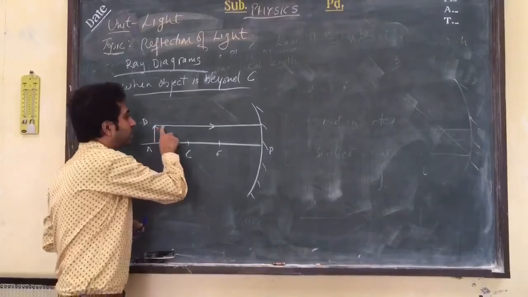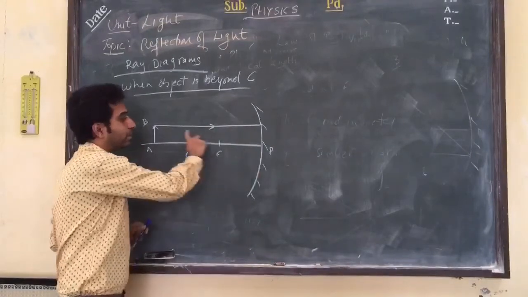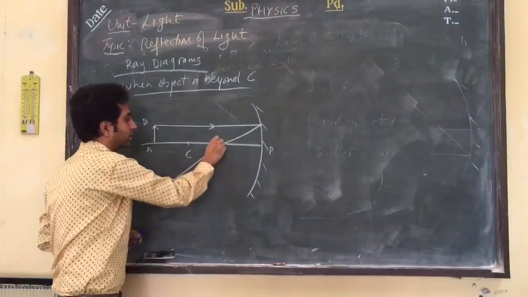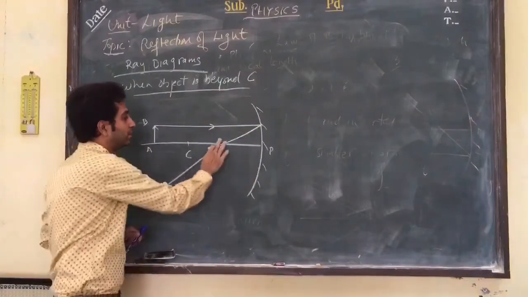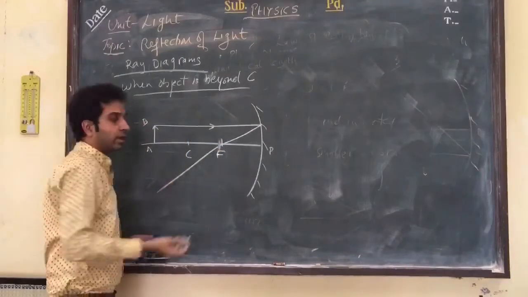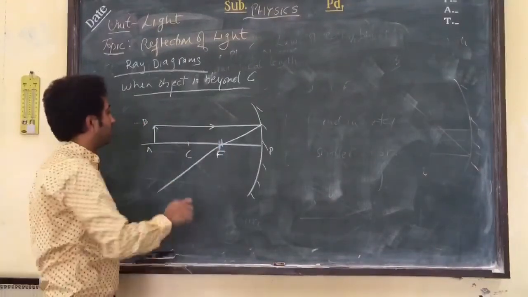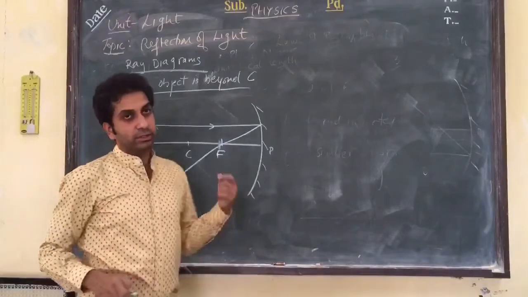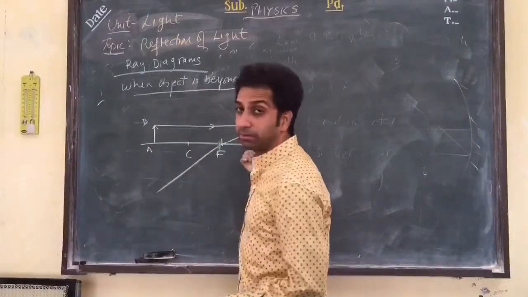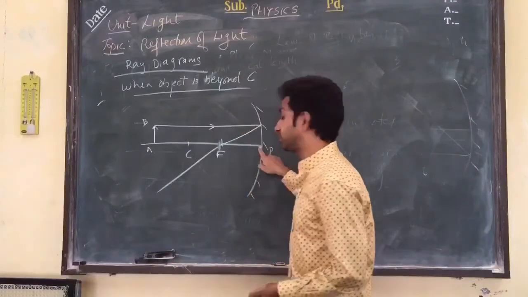As per rule, the ray traveling parallel to the principal axis, after reflection, will pass through the principal focus. You can take any of the rules. You can assume a second ray passing through C, or a ray passing obliquely to the principal axis.